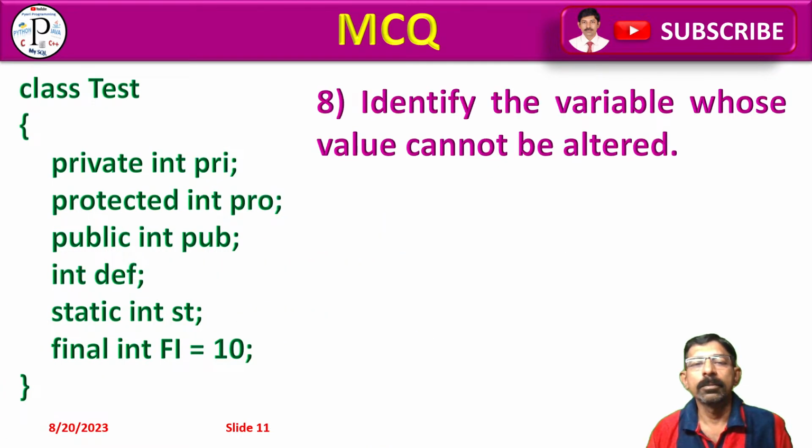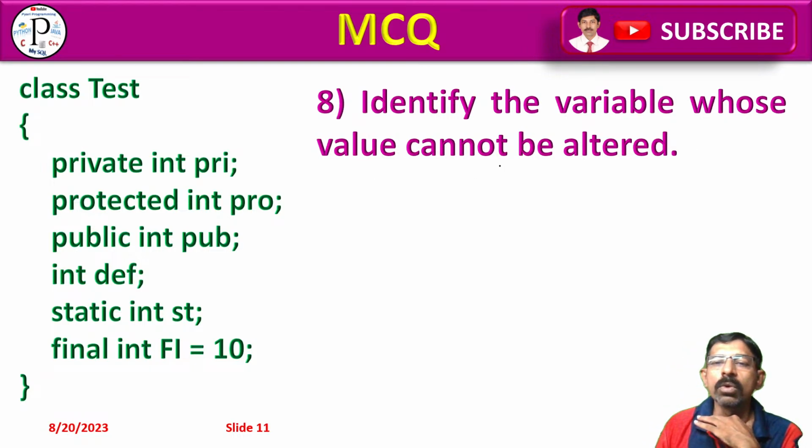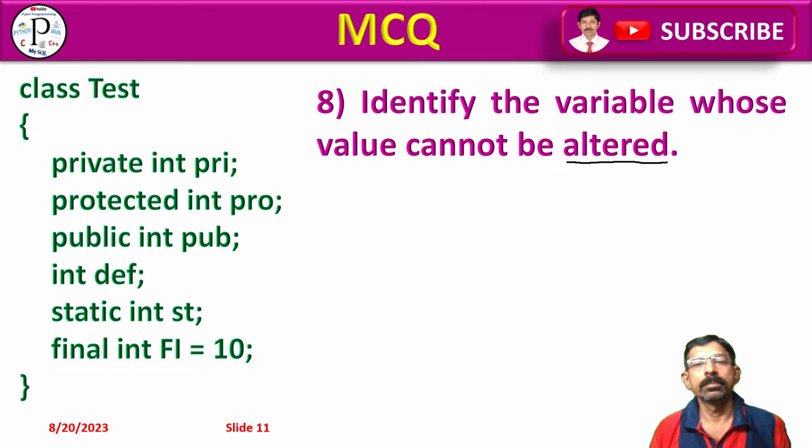Next one. Next question is in front of you. Identify the variable whose value cannot be altered, whose value cannot be changed. Hope no one will make a mistake on this.